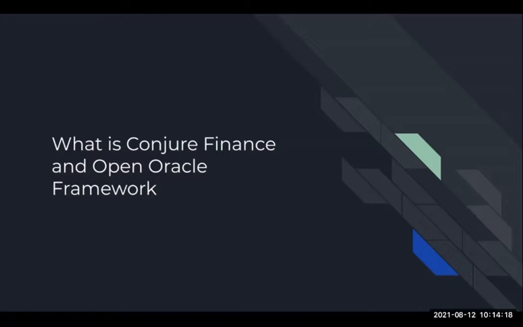But as time went on, we realized it's very hard to get new synthetic asset prices, so price feeds, on chain. For example, Chainlink provides a very good service.